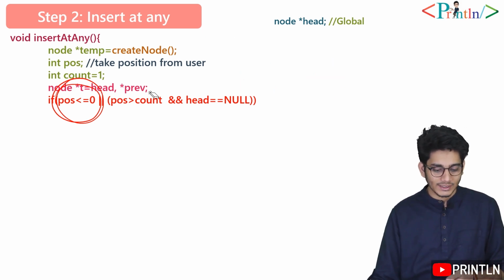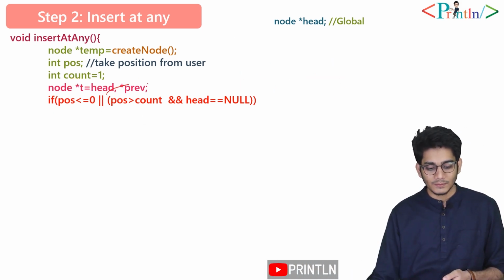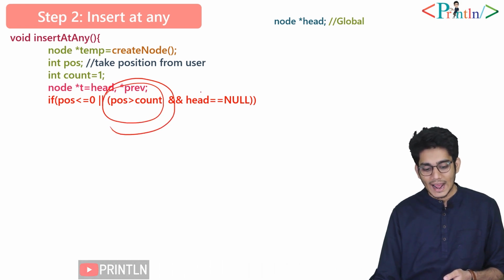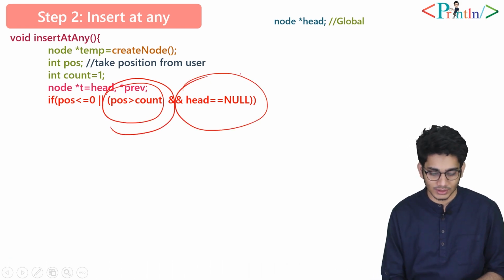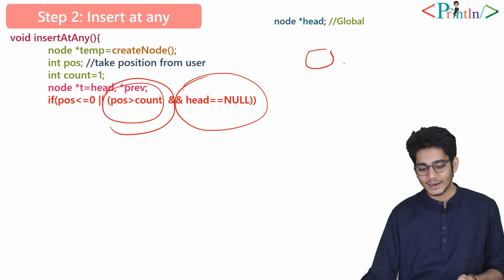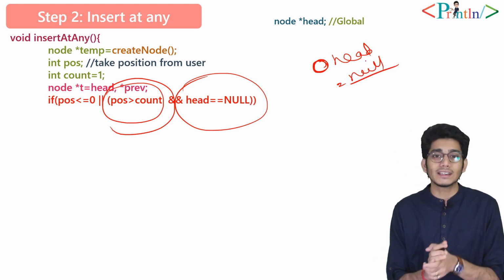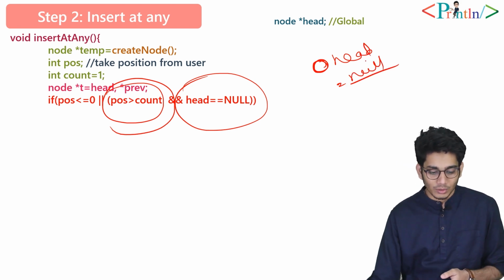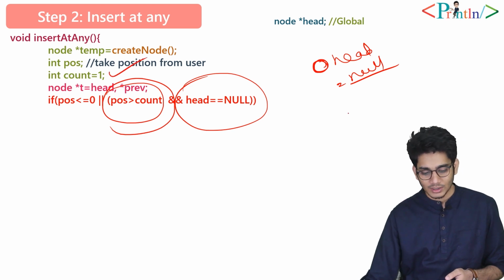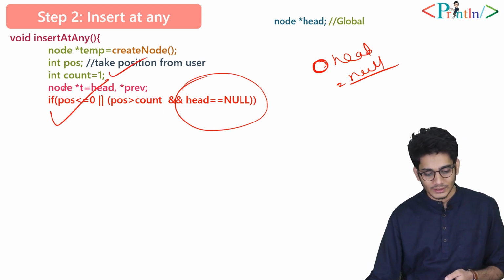And then what we'll check? We'll check if position is greater than count and head equals null. Let's say this is the head pointer. We have a pointer called head and it's null. So it means the list contains no values. At first what is the count? Count is 1. So this portion we have done already.